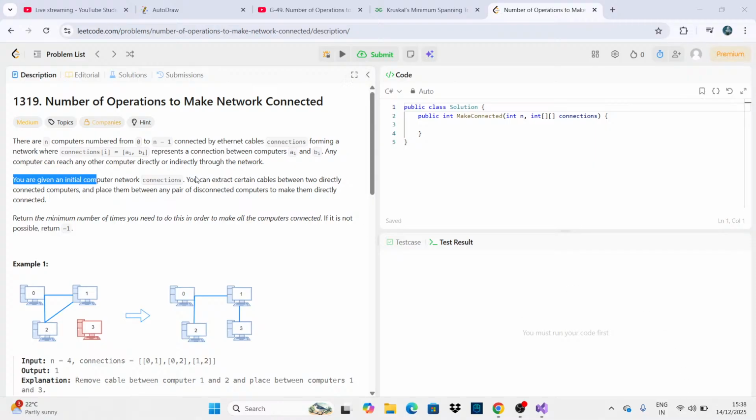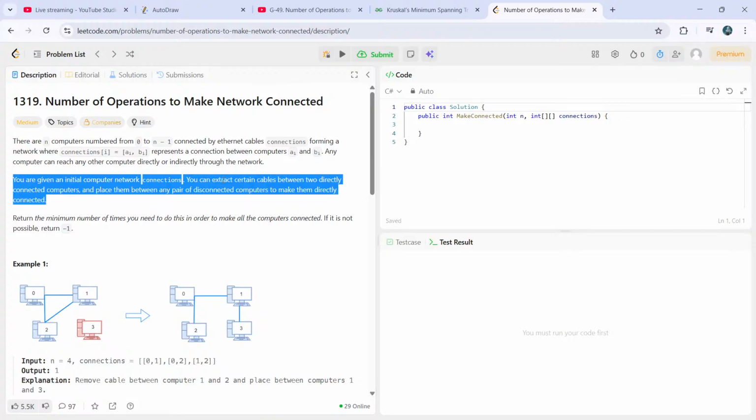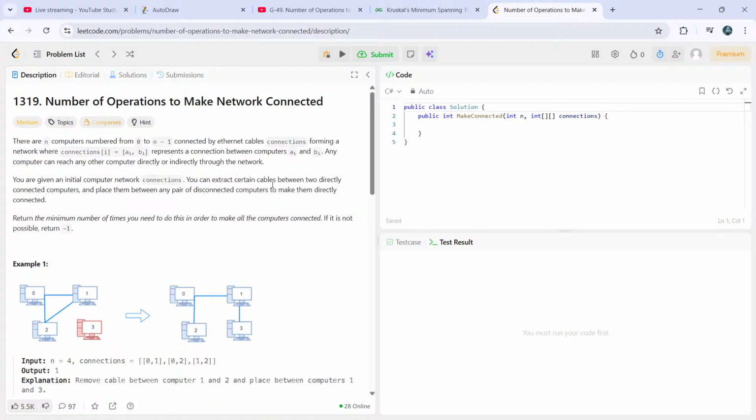Good. So you are given an initial computer network. You can extract, meaning remove, certain cables from two directly connected computers and place them between any pair of disconnected computers.